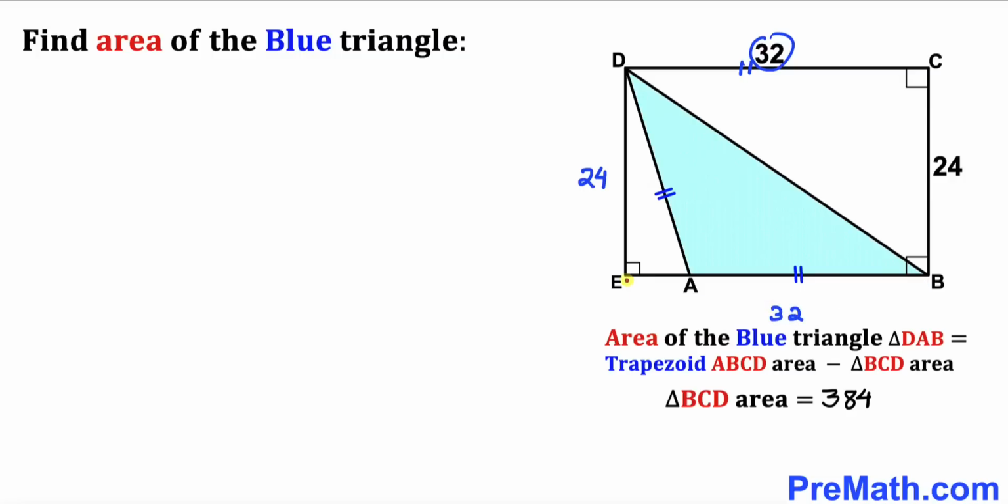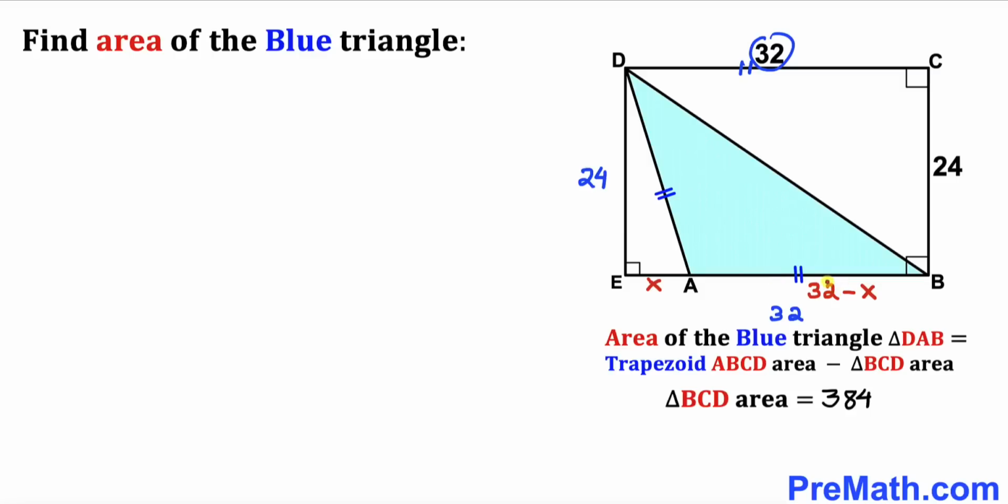Now let's assume that this tiny side length EA is x units. Then this side length AB is going to be 32 minus x units. And now we know that side length AB equals side length AD.